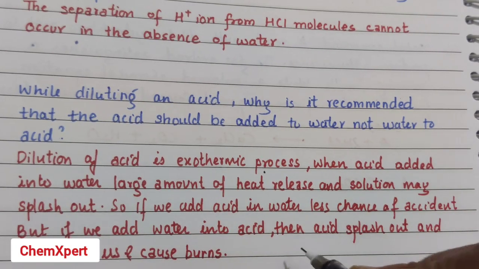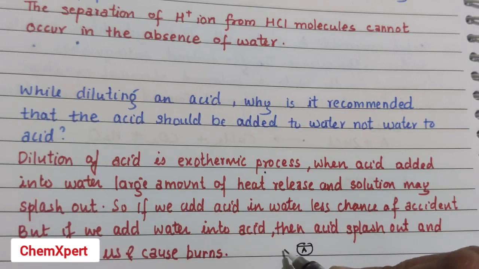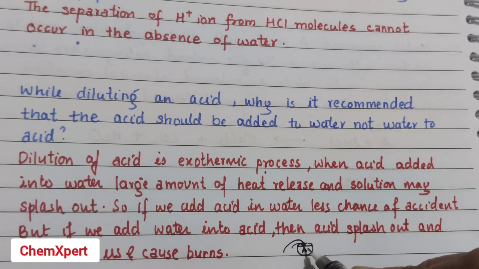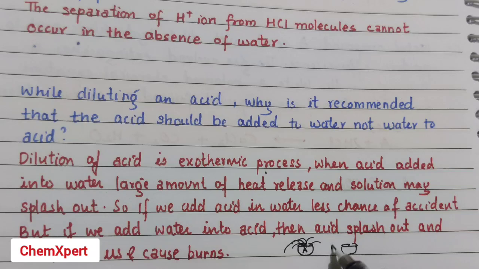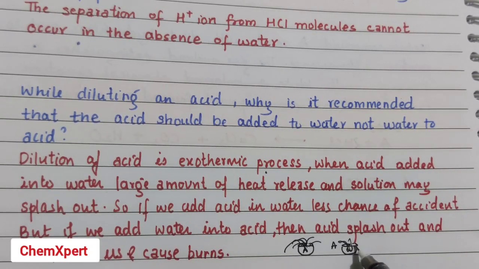Again I am explaining the reason. If this container contains an acid and we are adding water into it, then because it is highly exothermic, all the acid will splash out and it will cause burns. But if we add acid into water, now if it is splashing out, this water is of less concentration and it does not harm us.